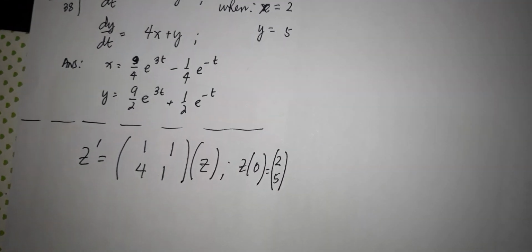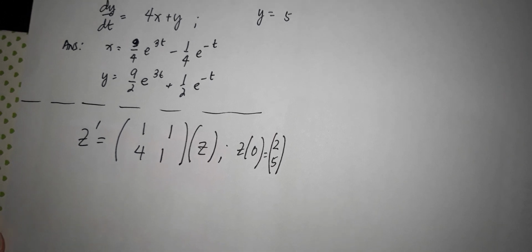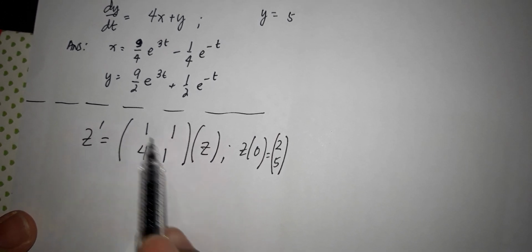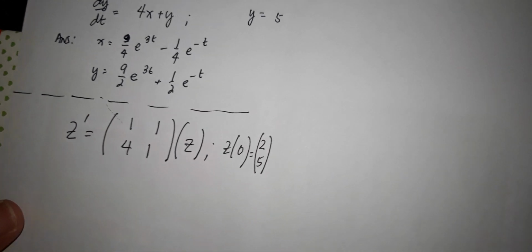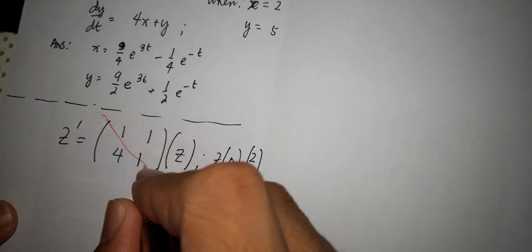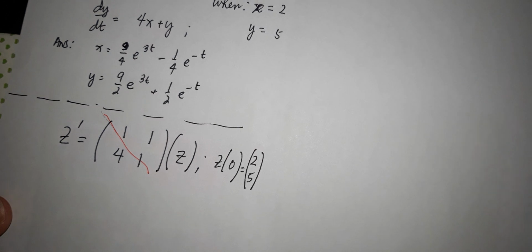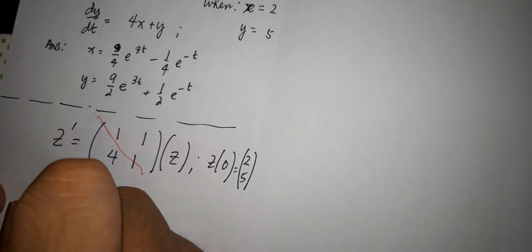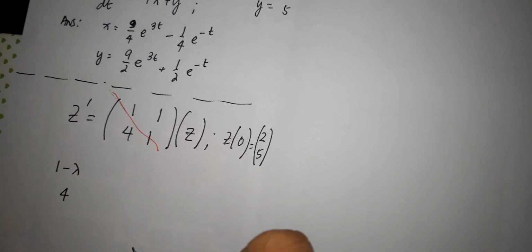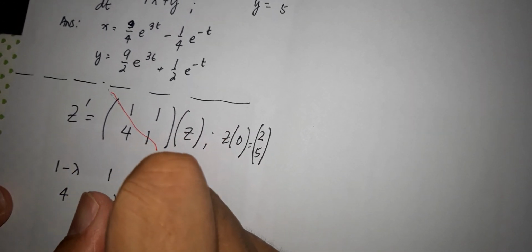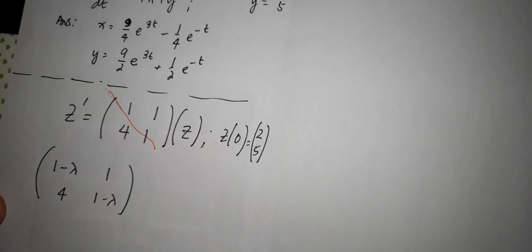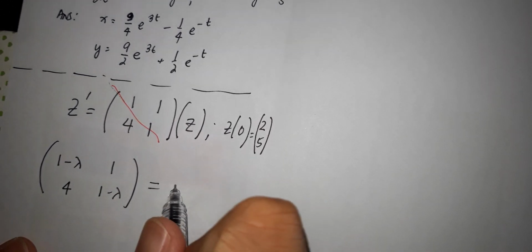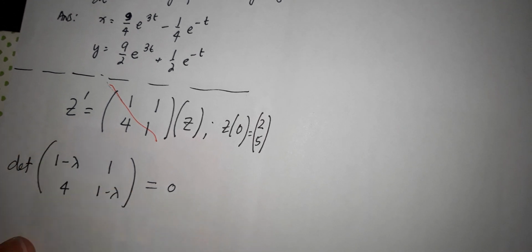So kunin na natin ang lambda. Anong gagawin? Subtract tayo ng lambda from the principal diagonal. So you have to subtract lambda from 1 on the principal diagonal. This is 1 minus lambda for 1 minus lambda. Then equate that to 0 and take its determinant.